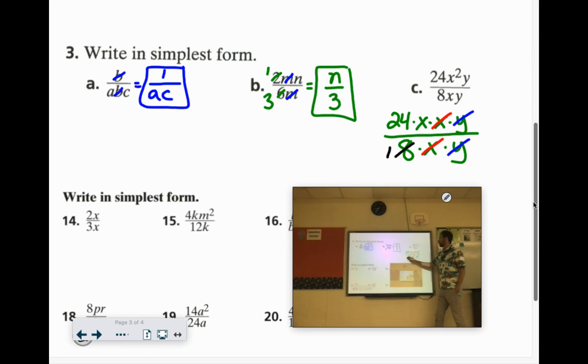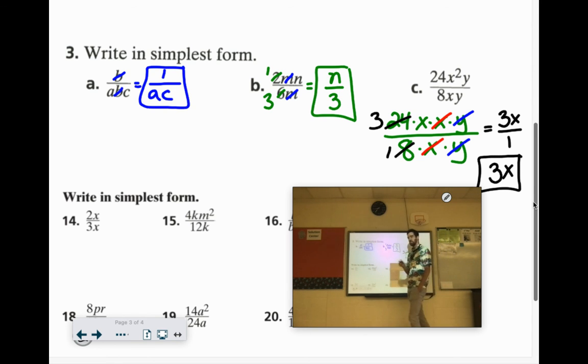So 8 goes into 8 one time, 8 goes into 24 3 times. So up top in the numerator, we have 3 times x, 3x. The denominator is 1. You don't need to write over 1. If you need a place filler up top, you need to put the 1. But in the denominator, you don't write a place filler. So 3x over 1 is just 3x, right? Because 3x divided by 1 wouldn't change.